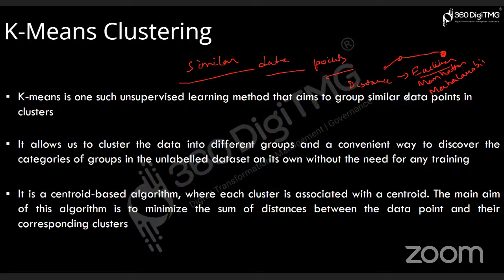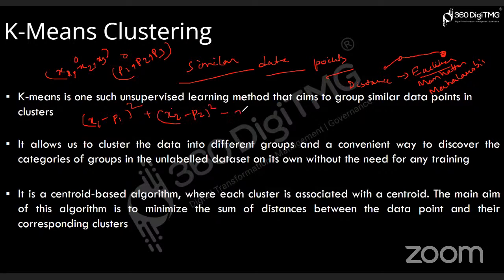Okay, so Euclidean distance, let me tell you the formula. If we are having a point here with coordinates x1, x2, x3, and another point with p1, p2, p3, the distance between these 2 is the square root of (x1 minus p1) whole square plus (x2 minus p2) whole square plus (x3 minus p3) whole square.